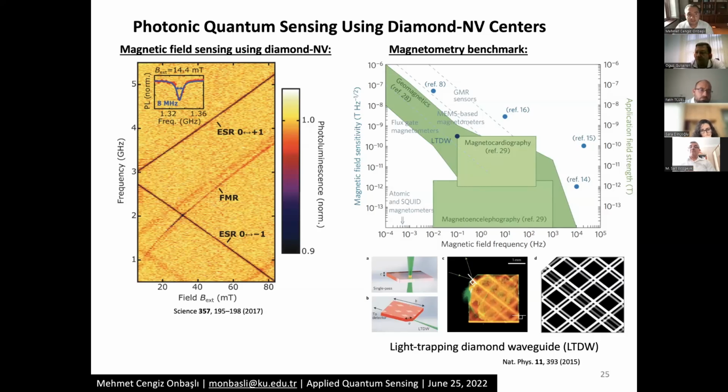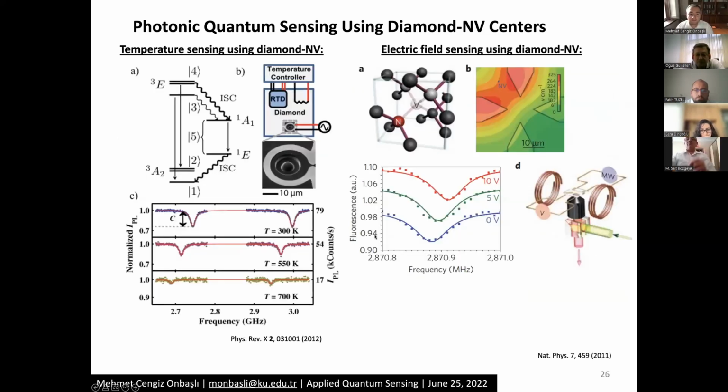And there are also ways to see this effect in other ways than microwave transmission, and that's through photoluminescence. Photoluminescence helps you pick up electron spin resonances within the diamond NV pair. And there are other ways, for instance, if you confine it into a cavity, you can reduce the sensitivity limit even further. And by applying external temperature, you can cause shifting in the frequencies even further.